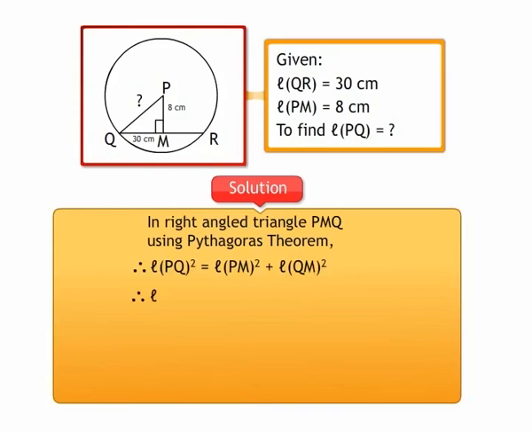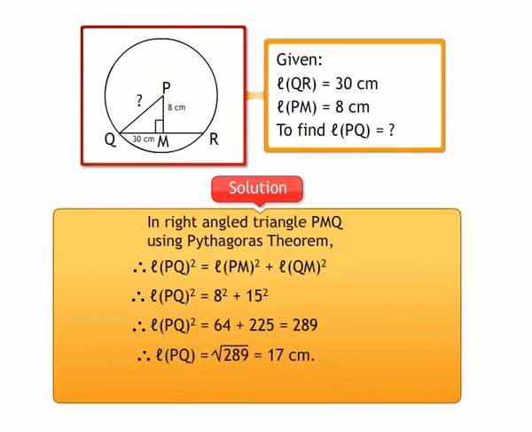Therefore, length of PQ square is equal to 8 square plus 15 square, which is equal to 64 plus 225, which is equal to 289. Therefore, length of PQ is equal to square root of 289, which is equal to 17 centimeters. Answer: radius of the circle is 17 centimeters.